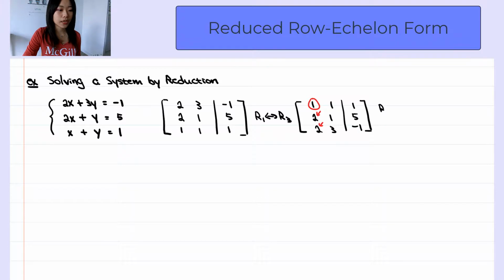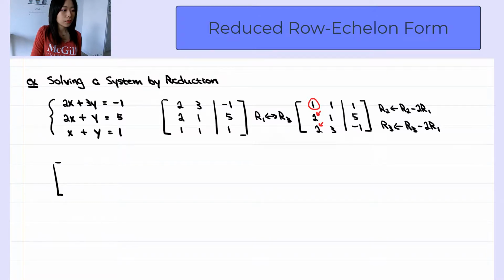So I'm going to replace row 2 by row 2 minus 2 times row 1. And row 3 is replaced by row 3 minus 2 times row 1. Then the matrix becomes 1, 1, and 1. First row remains the same.